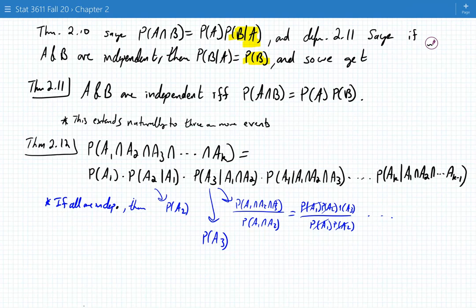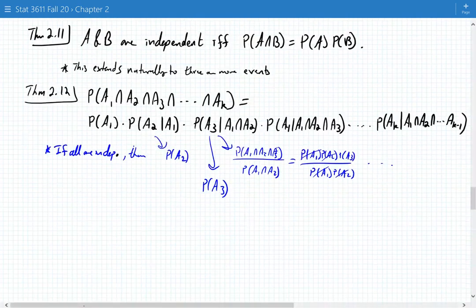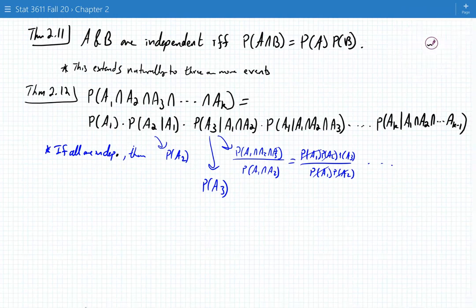So with those two theorems in mind, then I want to just do a couple of examples here, okay? So let's take a look at something that has multiple independent events happening. Okay, just to clarify, Theorem 212, this applies for all cases, even when they are not independent, right?